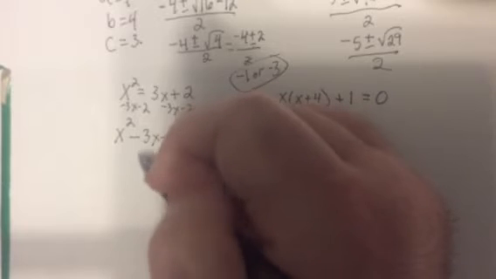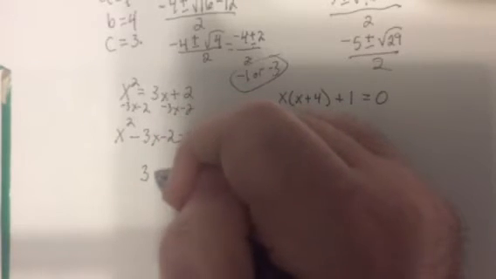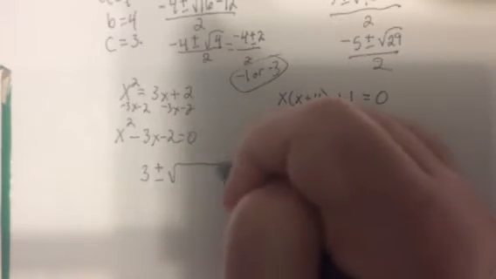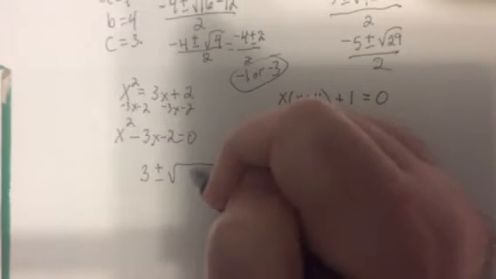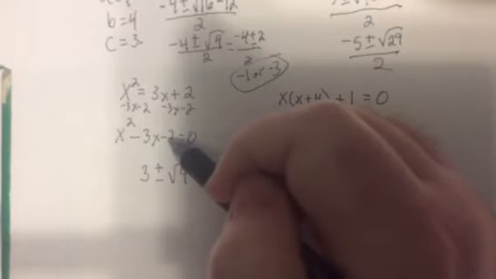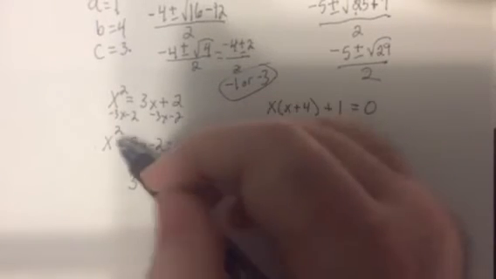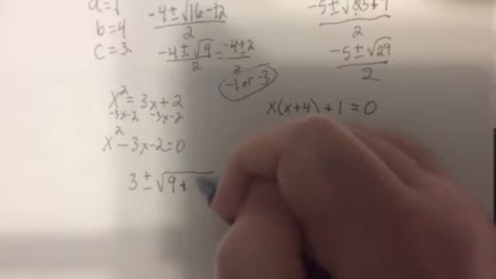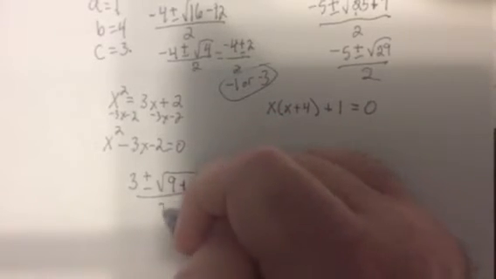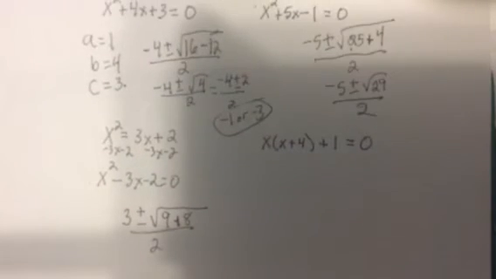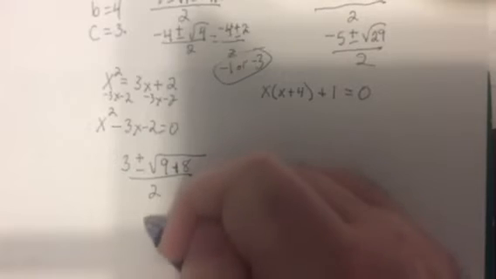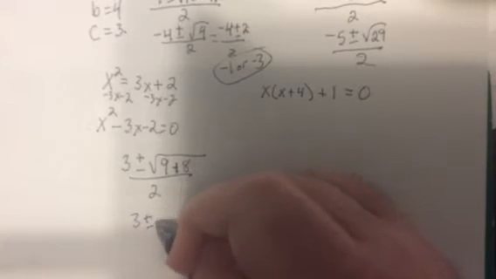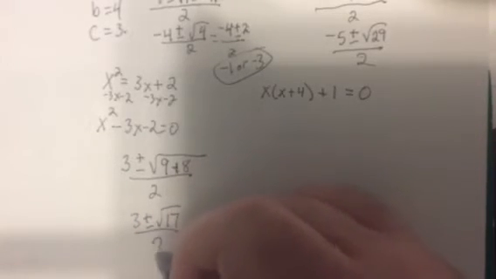The opposite of b, so that would be 3 plus or minus the square root of b squared, negative 3 squared is 9, minus 4ac. So 4 times 1 is 4 times negative 2 is minus 8. Minus and minus is plus, all over 2a. So this would be 3 plus or minus the square root of 17 over 2.